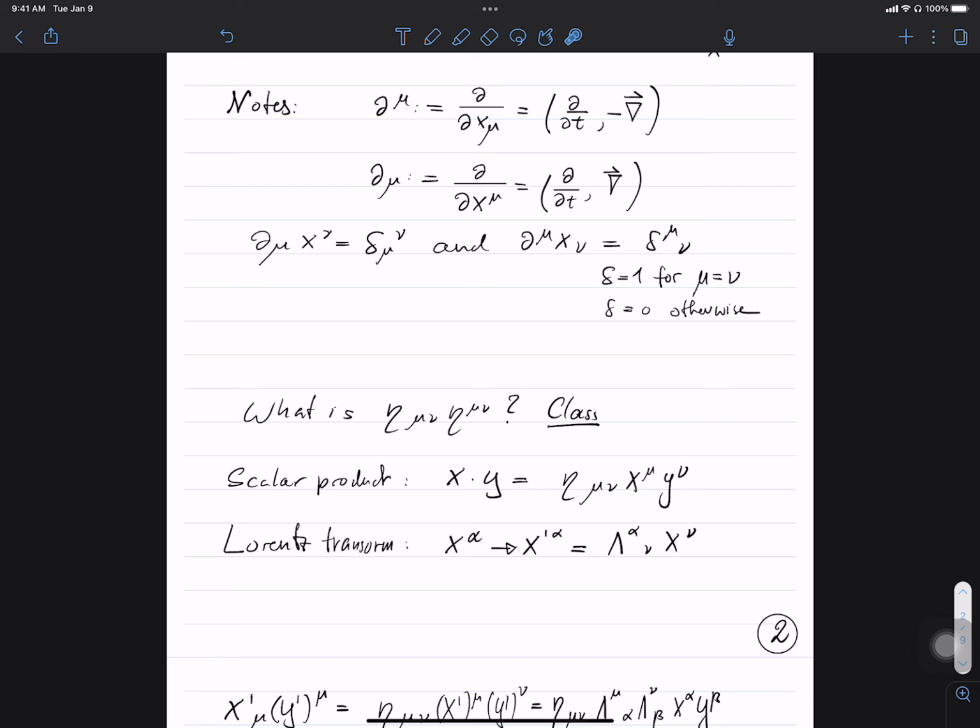Then we can take the spatial derivative with respect to the spatial indices, and if those indices are both matched to be i and i, that would also give you 1s. Otherwise, if you take a time derivative of the spatial coordinate, that would give you 0. So that's why this contraction gives you the Kronecker delta.